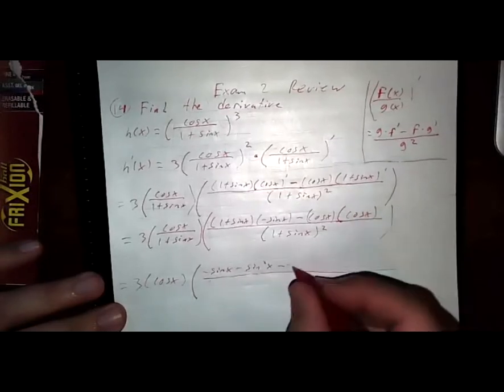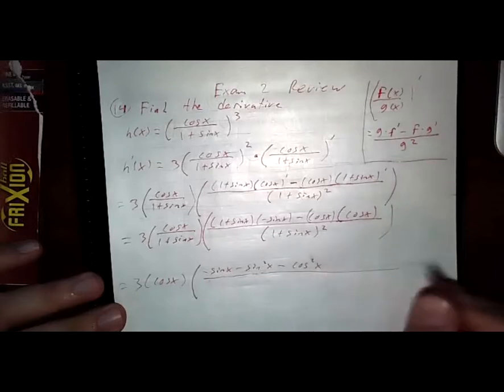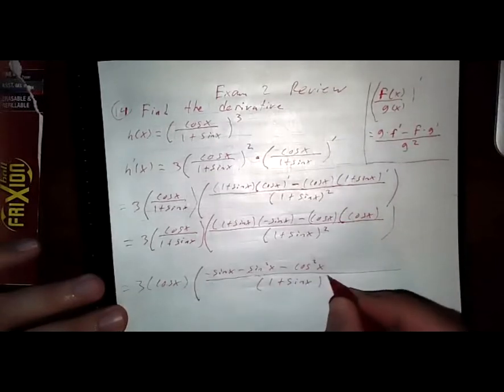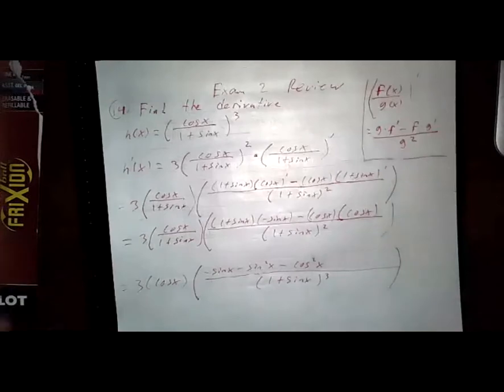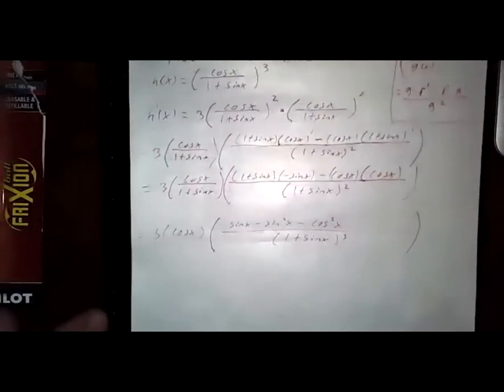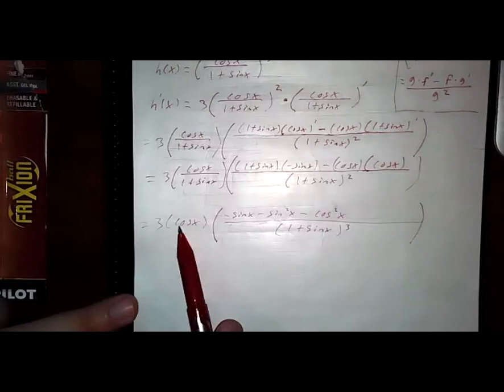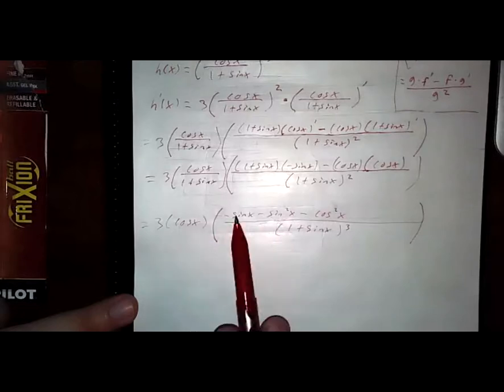Minus cosine times cosine would be cosine squared x over 1 plus sine x cubed, right? You guys still with me here? Yeah, I'm still with you.